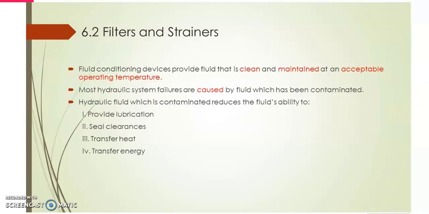Contaminated hydraulic fluid reduces the ability to, first, provide lubrication to the components. It reduces the ability of the fluid to provide lubrication to the entire system, reduces the fluid's ability to seal the clearance between the parts, and also reduces the ability of the fluid to transfer heat and energy.